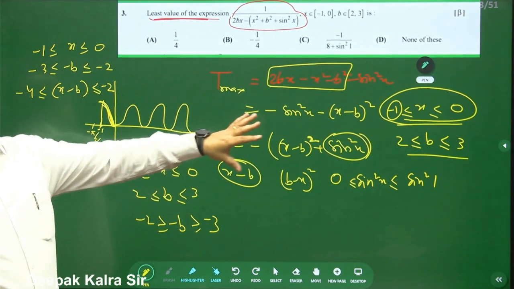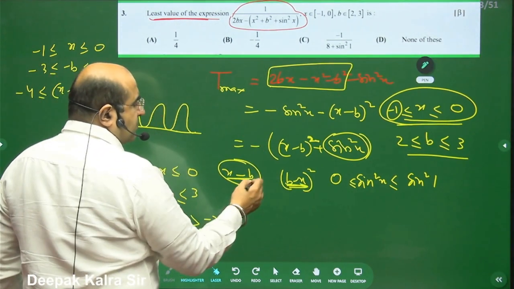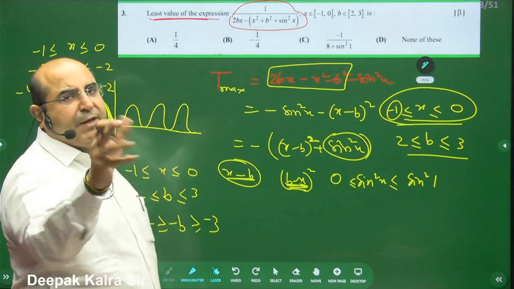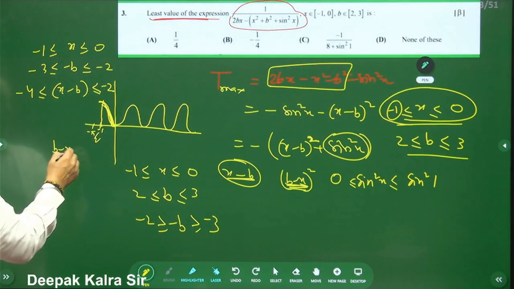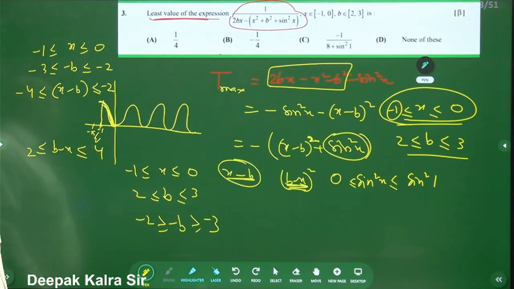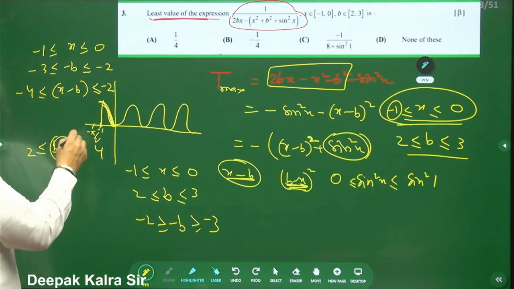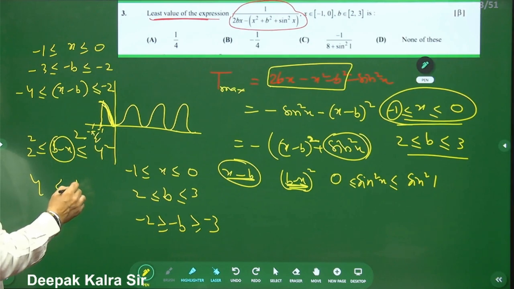But my thing is on the square side. And I told you x minus b or b minus x, I can play with both. So if I do b minus x, my answer will lie between 2 to 4. Clear? And b minus x whole square will lie between 4 to 16.